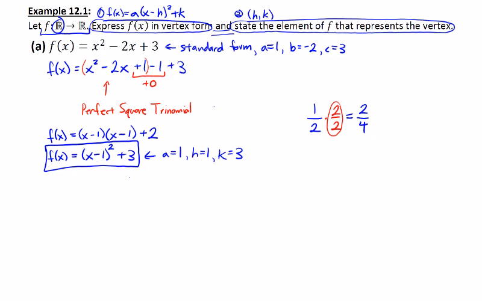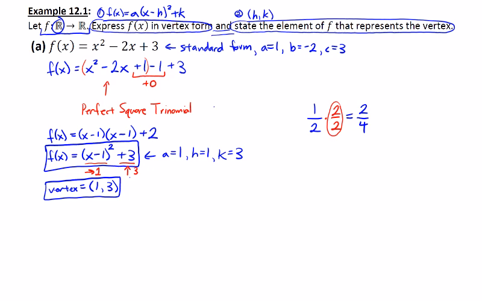So that means that my vertex must be located at the ordered pair 1, 2. Thinking about it from a transformation perspective, where it says x minus 1, that means I'm going to shift to the right by 1, and then this plus 2 means I'm going to shift up by 2. Hence the vertex will be located at 1, 2.